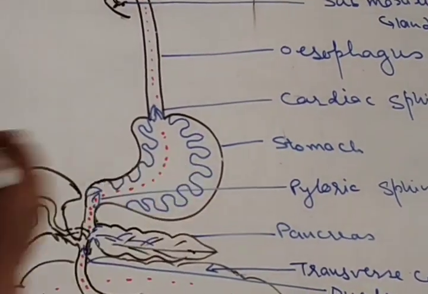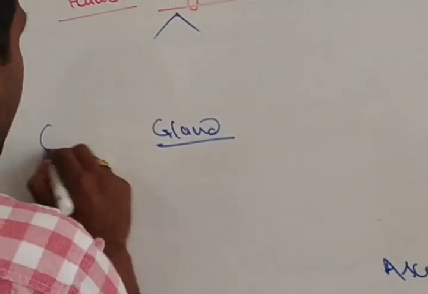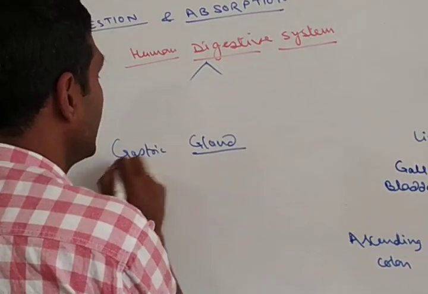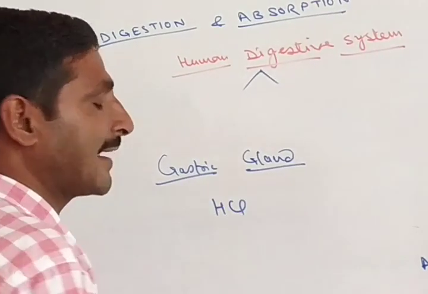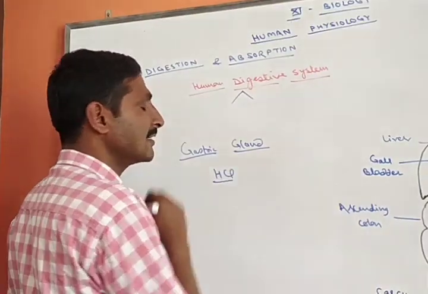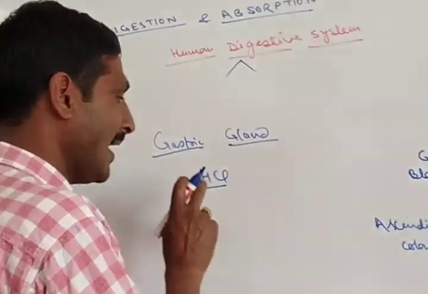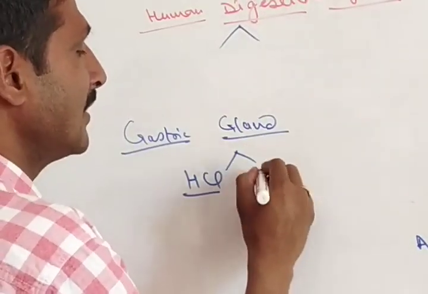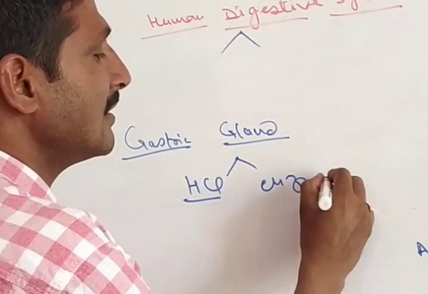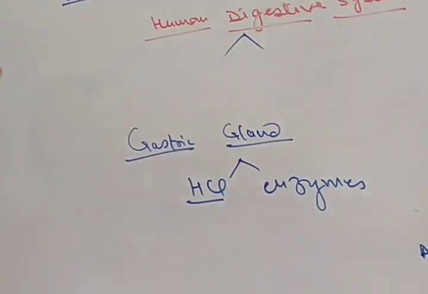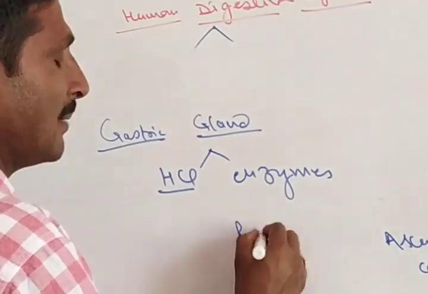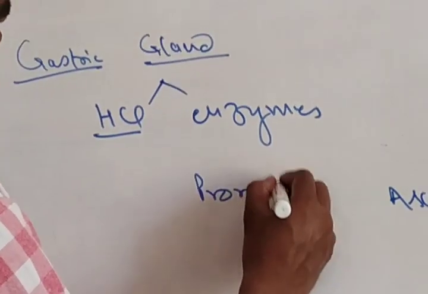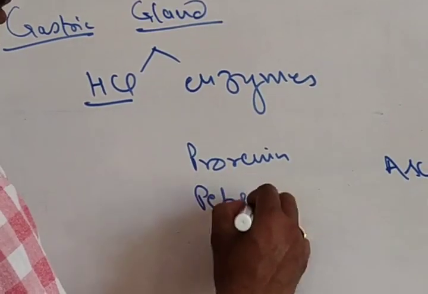Here glands are present which are called gastric glands. These gastric glands help in the secretion of gastric juices which contain hydrochloric acid along with enzymes. These enzymes of the stomach are in an inactive state, named prorenin and pepsinogen.